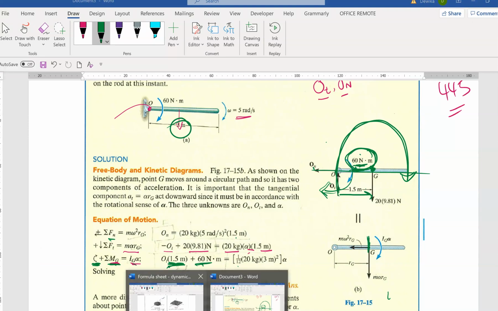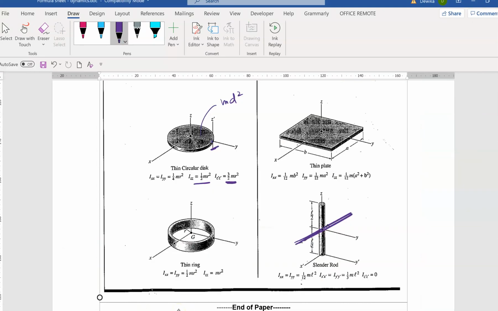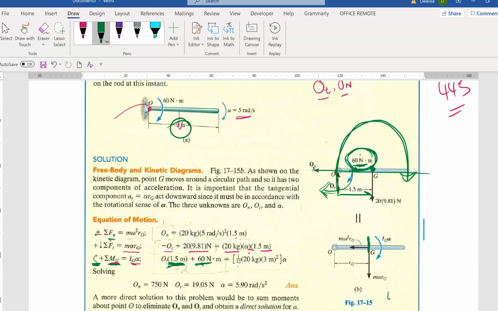Then you go back to this. This is the axis right in the middle. It's XX, so it's 1 over 12 ml square, multiplied with alpha. So what is the length? 3 m. The 20 is done.